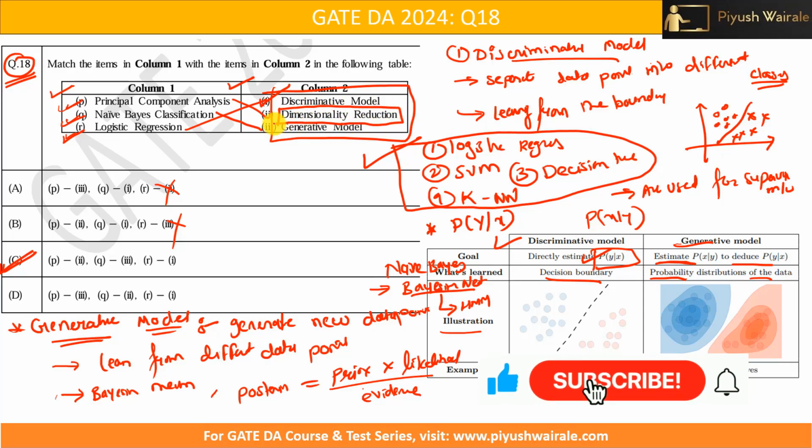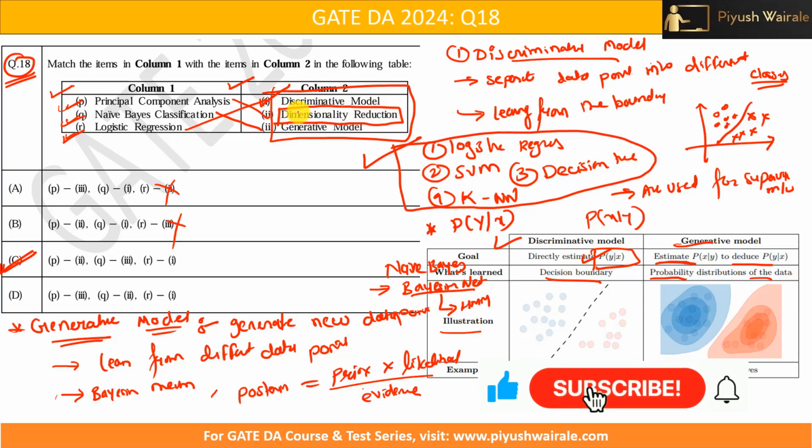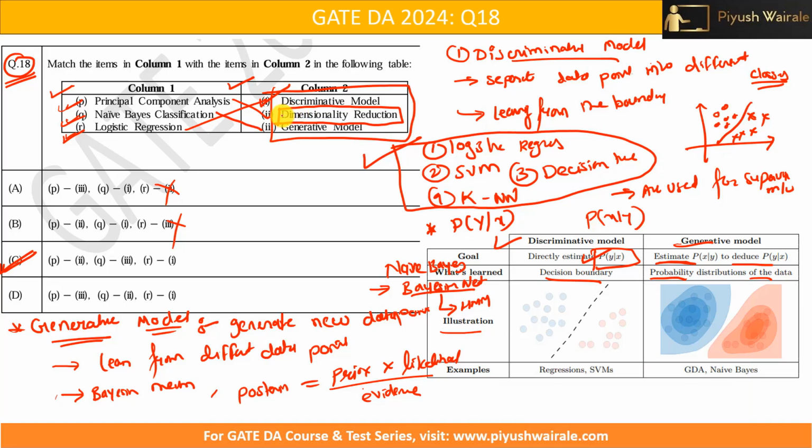Even if you have not gone through the notes, just going through the syllabus, you can directly answer that principal component analysis comes under dimensionality reduction.